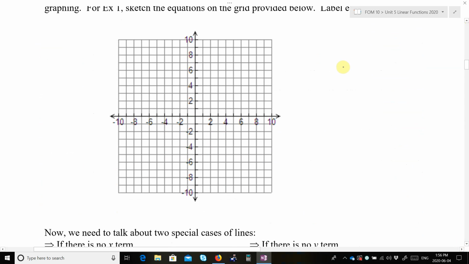I'm going to write it like this, guys. A is the equation y equals 5x minus 2.